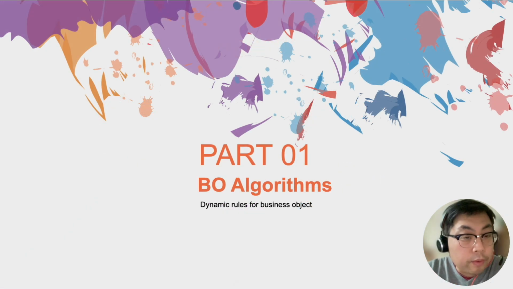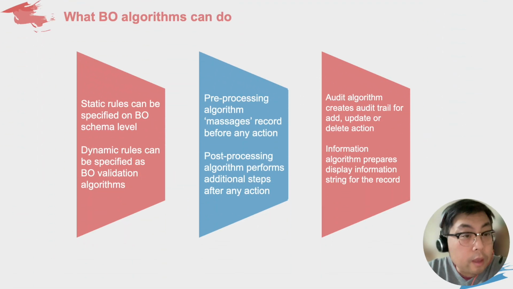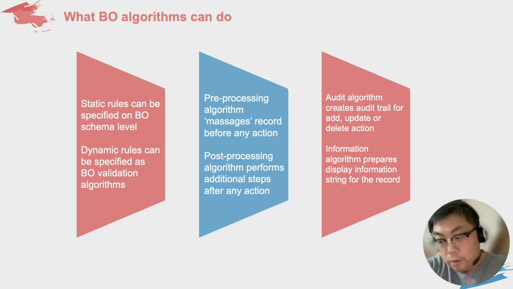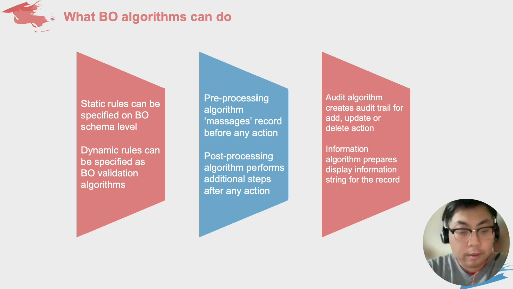Okay, so the first one is business object algorithm. As I mentioned before, when we talk about data, it's a static presentation of business data. When we talk about process, it could be the dynamic aspect of changing business data.